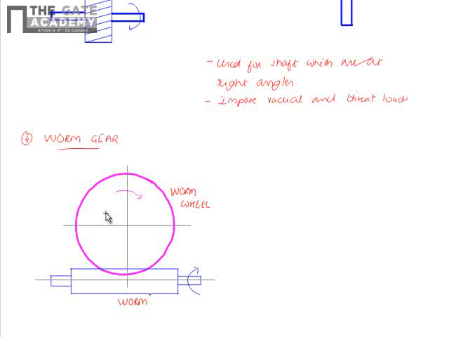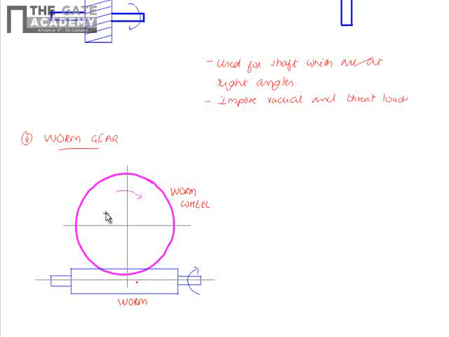The worm is a form of a threaded screw which meshes with the matching wheel. The threads on the worm can be single or multi-start and usually have a small lead. Worm gear drives are used for shafts where the axes do not intersect and are perpendicular to each other.